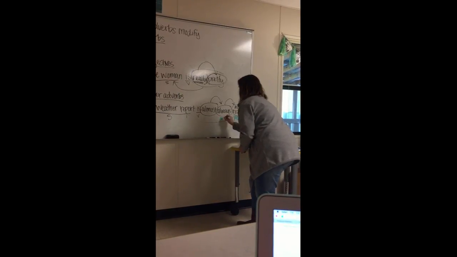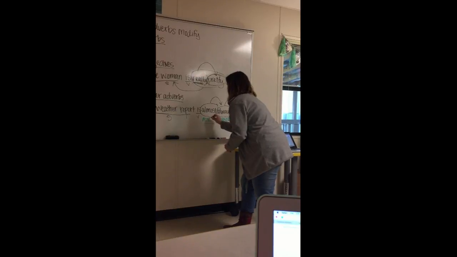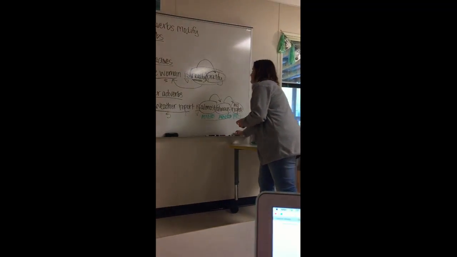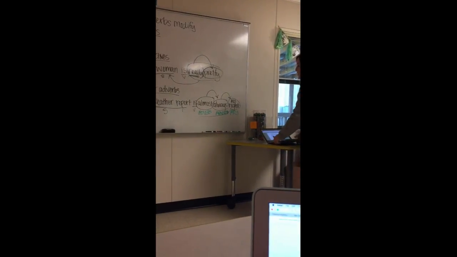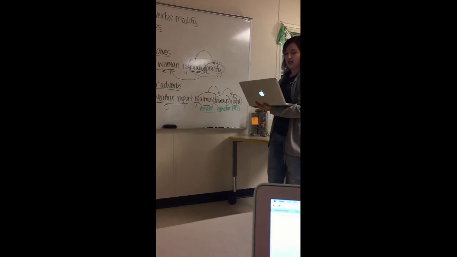This is an adverb. And this is an adverb that's modifying another adverb, okay? So if you don't understand this, then talk to me when we come back and I can explain it. But that's pretty easy.